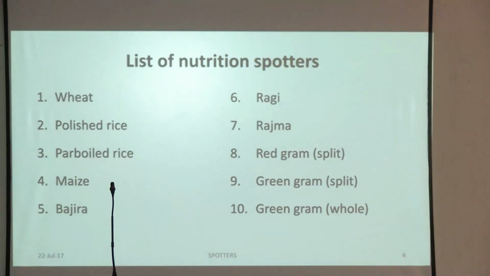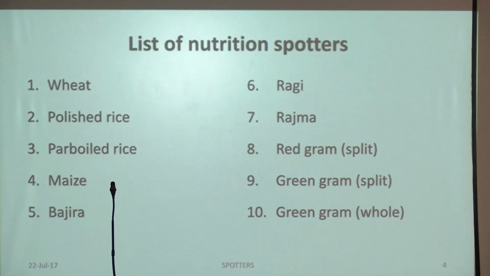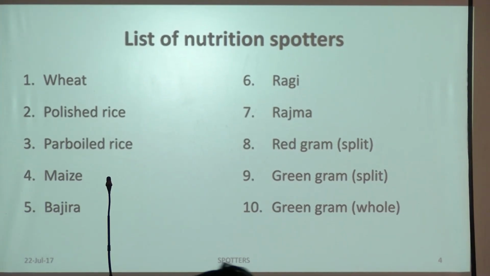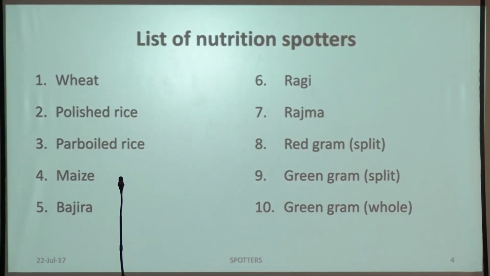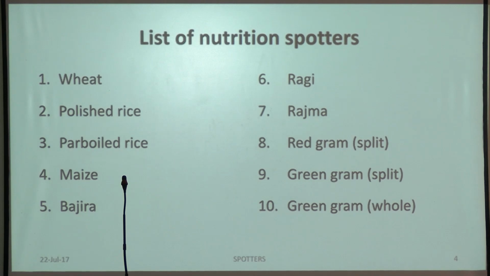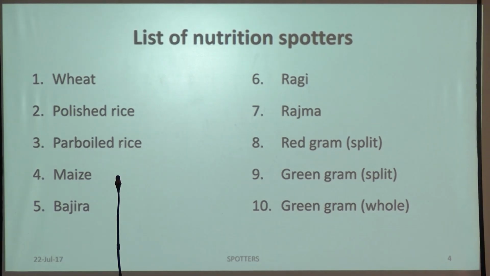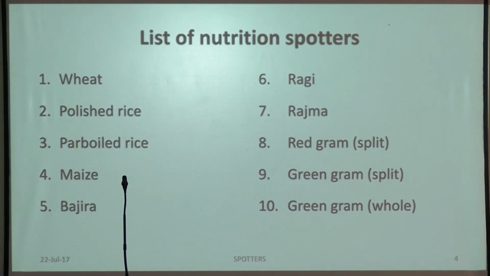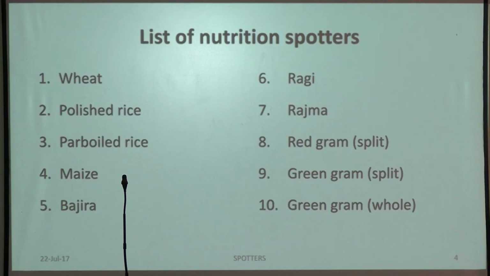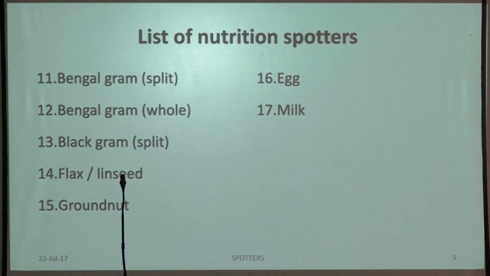Nutritive spotters, what are the things that might be given? First is wheat, then polished rice or parboiled rice, maize, bajra, ragi, rajma, red gram, green gram whole, sometimes even egg, Bengal gram. Flax or linseed is not available with us now, you can omit that.